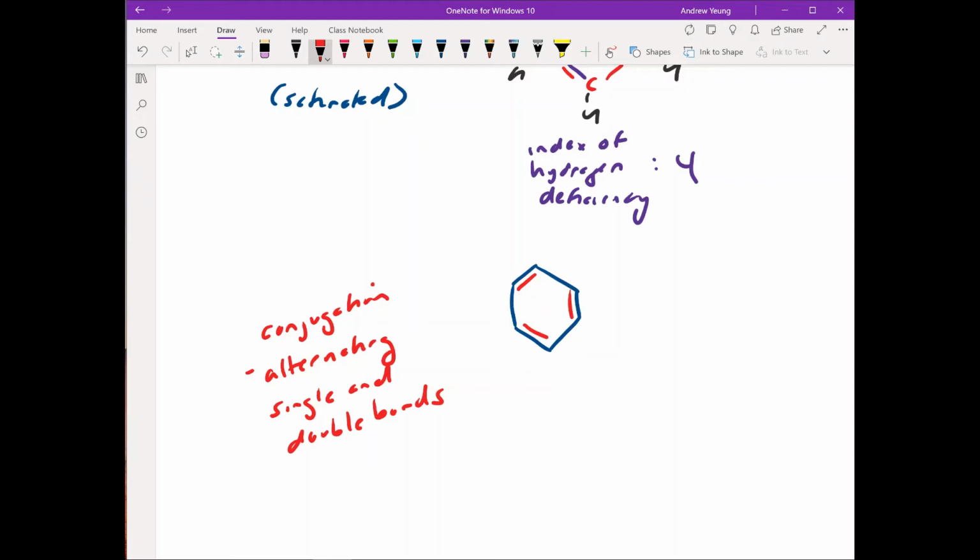One other thing that we introduced in the last chapter: it doesn't necessarily have to be the double bonds in these positions. I could have that same 6-carbon ring, but with the double bonds elsewhere. Let's say it's this double bond, then single, double, then single. Well, which one is it? I could draw 2 possible Lewis diagrams.